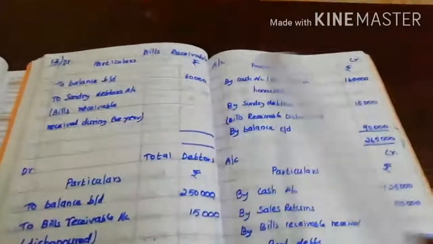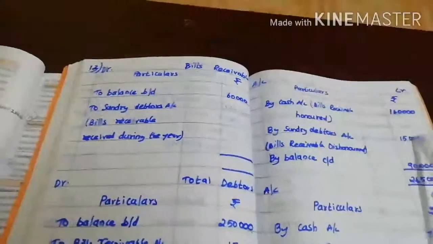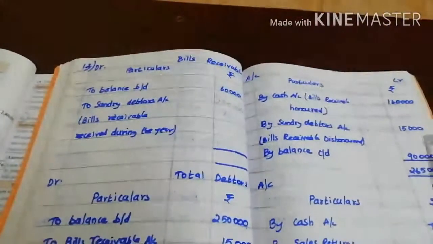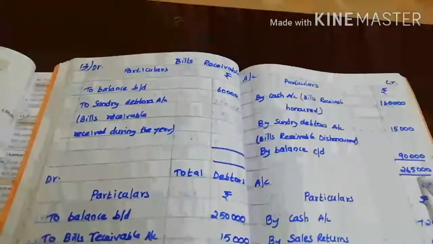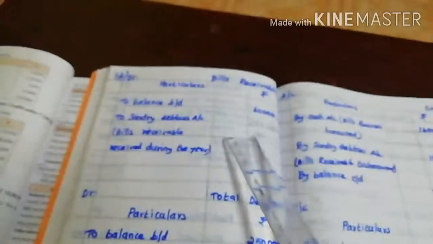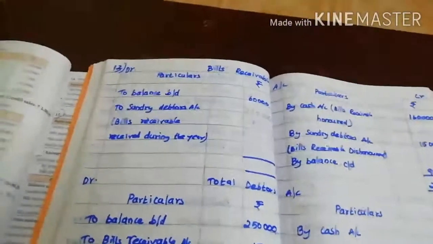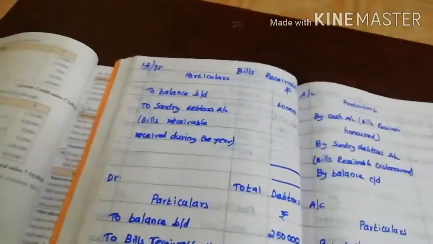So now I have written all the numbers given in the sum. Your credit side is more. If you add 1,60,000, 15,000 and 90,000, you get 2,65,000, and if you subtract the 60,000, you get 2,05,000. That is the bills receivable received during the year.